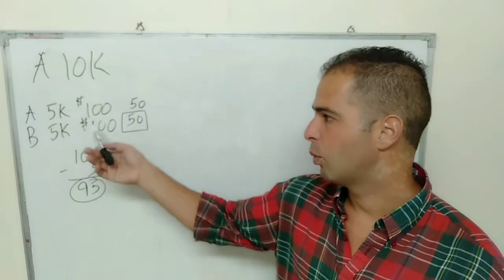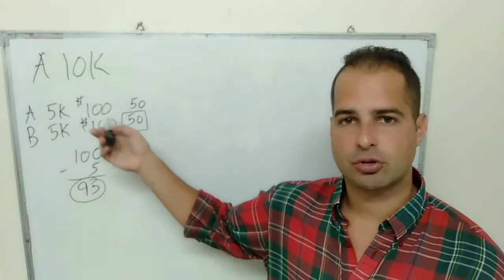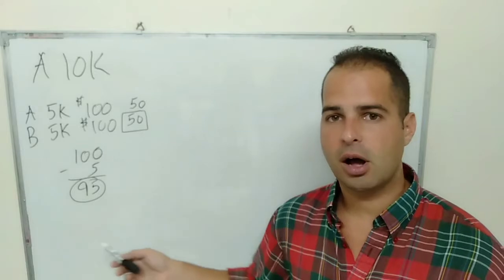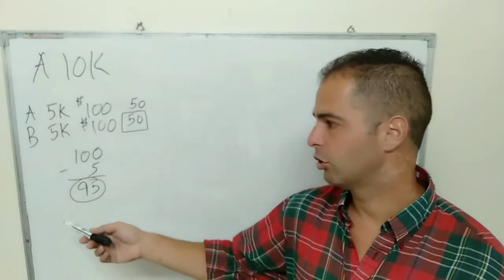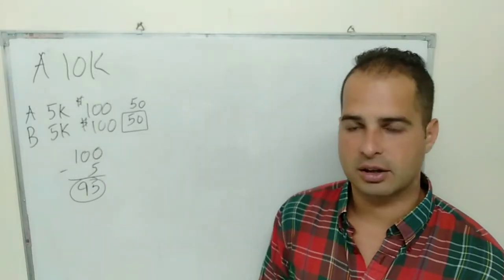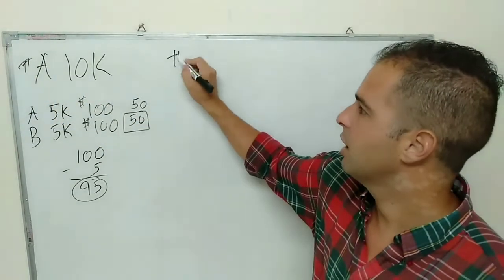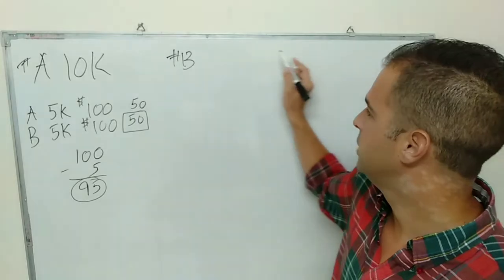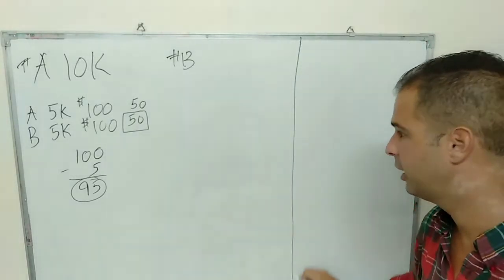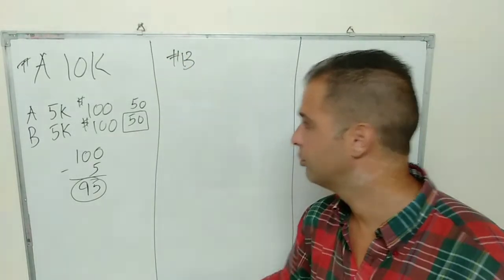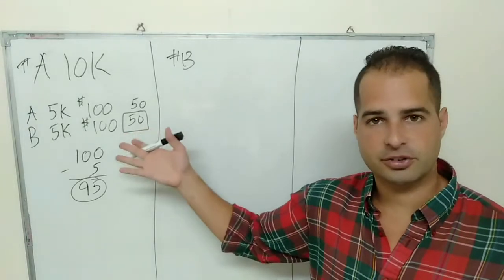So this is one way you could have your total risk controlled within these two stocks. That's example A.